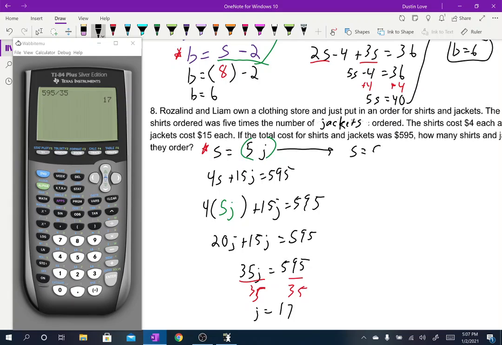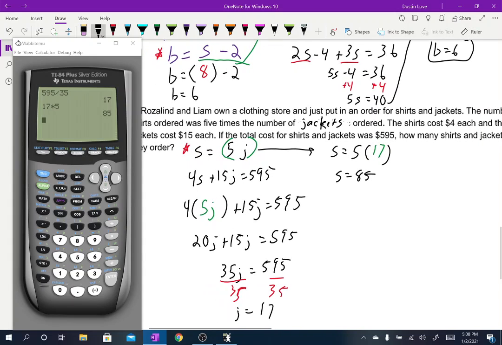S equals 5 times J, but J we're going to substitute for a 17. So now we're doing 17 times 5, which comes out to 85. So S equals 85, J equals 17. So we've ordered 85 shirts and 17 jackets.